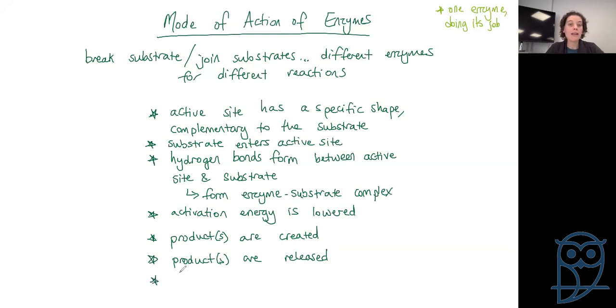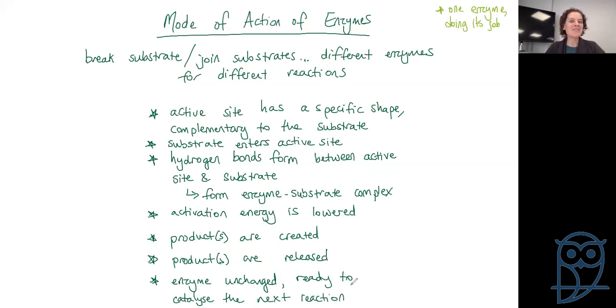And remember that that enzyme is unchanged. Immediately those products are released, that enzyme is ready to catalyze the next reaction. So that one enzyme, enzyme A for reaction A, goes straight back to the top.